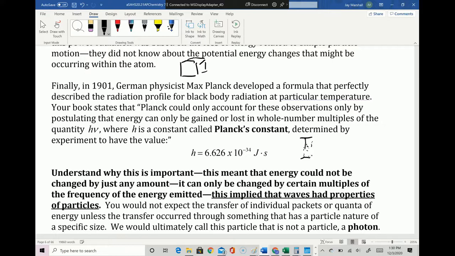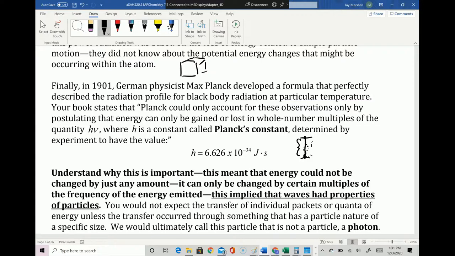I can only lose energy by this amount, or I can only gain energy by this amount. All of these other amounts in here are not allowed. That's what this meant.